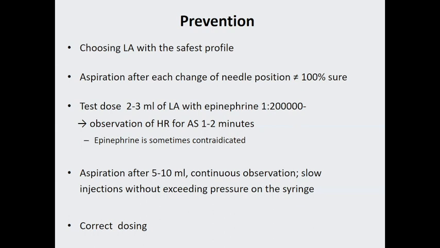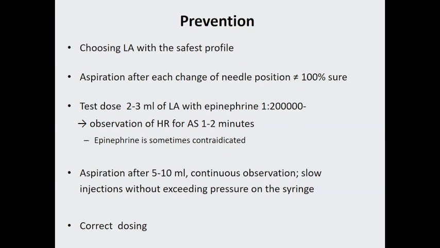But when high doses are necessary, then it's better to choose some safer drugs like ropivacaine or levobupivacaine, which have the time and the strength of action similar to bupivacaine, but cardiac toxicity is lower.